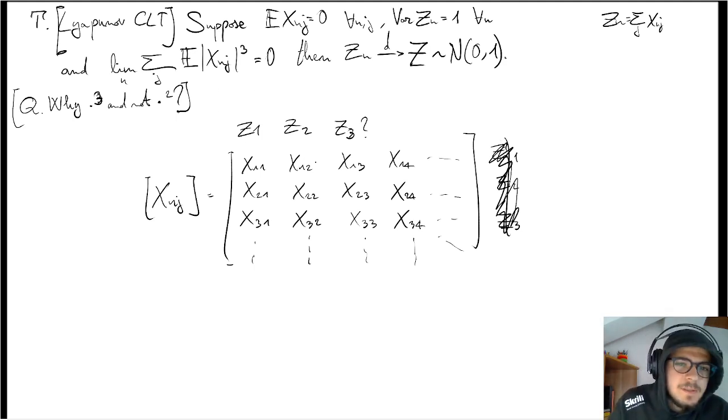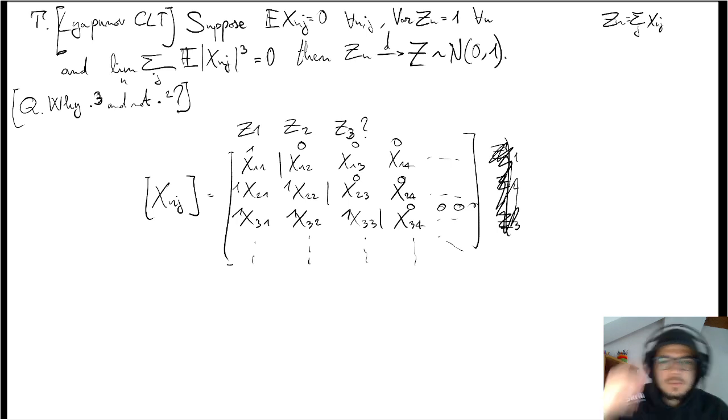And let's consider, for example, Bernoulli random variables. Let's say after this is 0, this is 0, this is 0, etc. After this 0, 0. After this 0, 0, 0, blah blah blah. This is plus 1. This is 1, this is 1, 1, 1, 1. Can we say this?